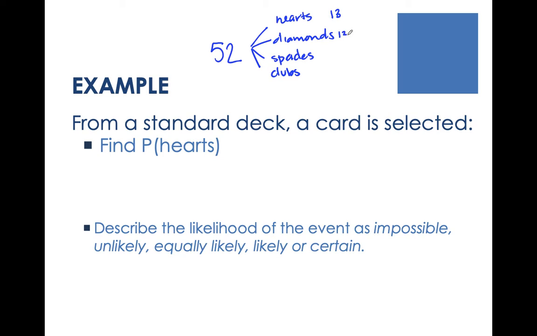If you split 52 evenly amongst 4 suits, that's 13 of each card, ace through king. So there are 13 hearts in the deck out of 52, which simplifies to 1/4 of the deck, or 25%. The likelihood of this occurring, since it is less than 50% but not 0, is unlikely.